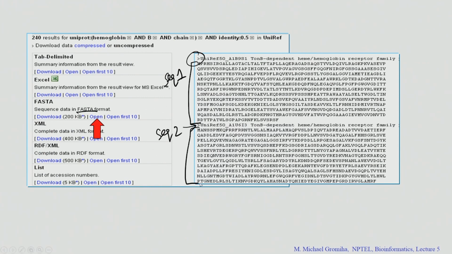So, you can get all the 240 results based on the greater than symbol. You can understand, okay, the first sequence starts from M and ends with RSF, the second sequence started from MAN and ended with AMRF. Then you can separate the data and you can use this data for the analysis.